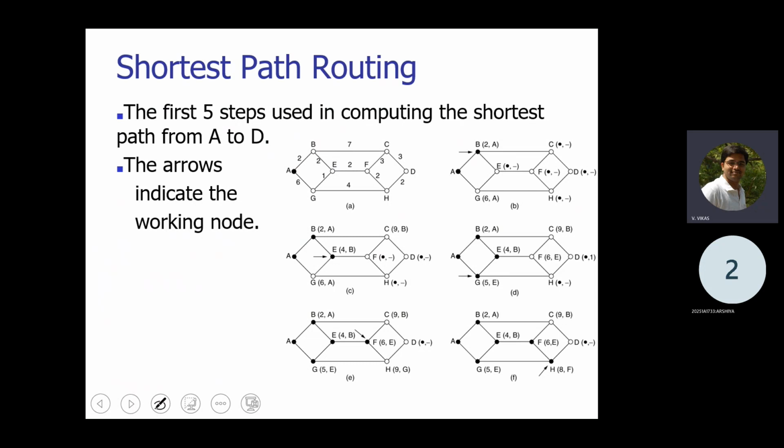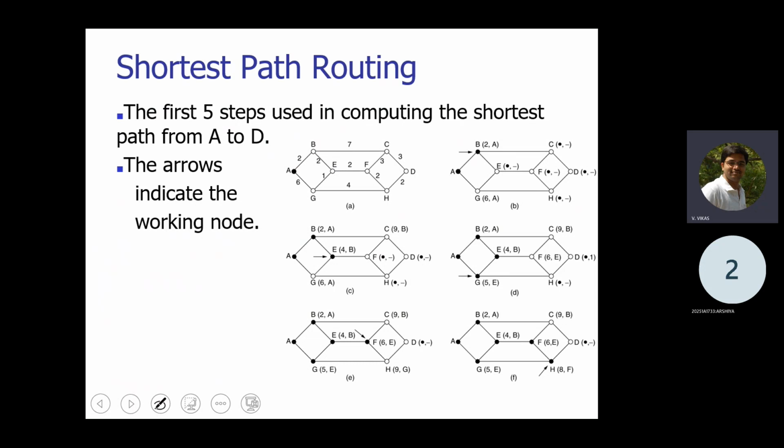You also observe a notation here. Not all the nodes are filled in circles, but only for A and B we have completely circled, complete bubbling is done. The reason is for B I don't have any other path which gives me a shorter path. Is there any other path which gives the shortest path to B from A?